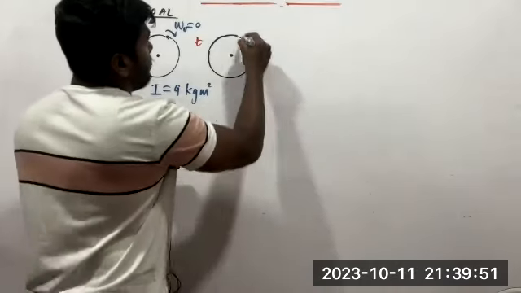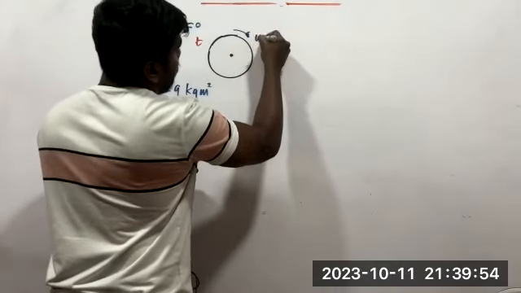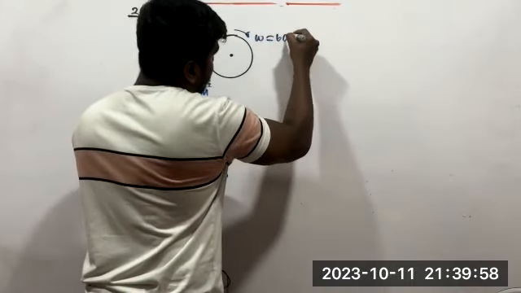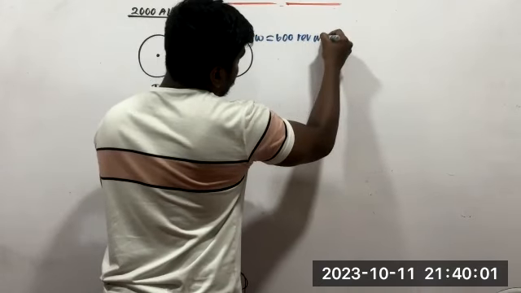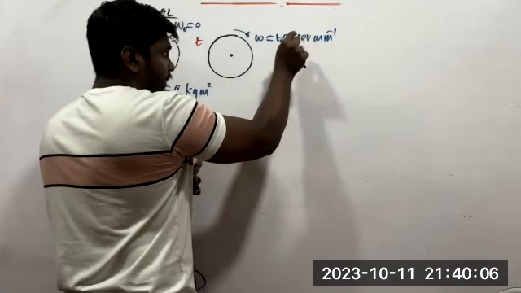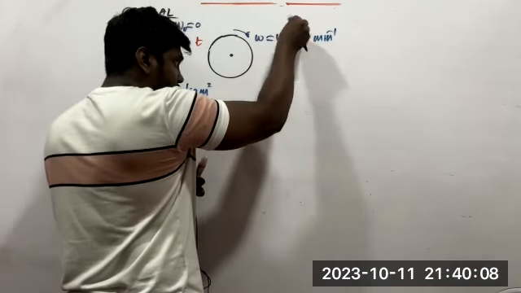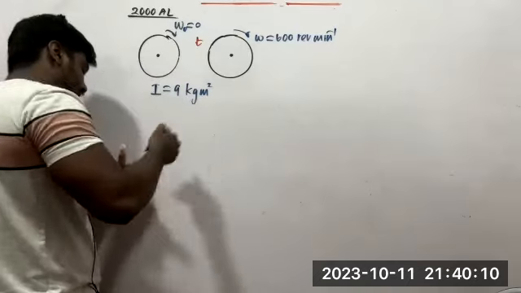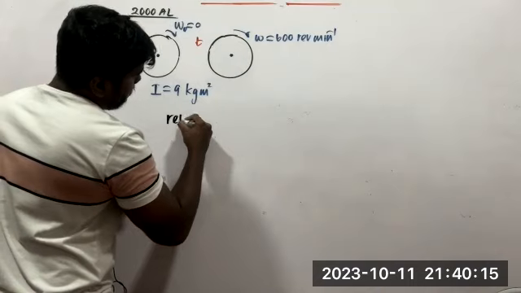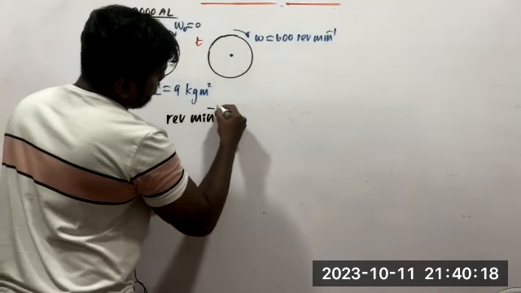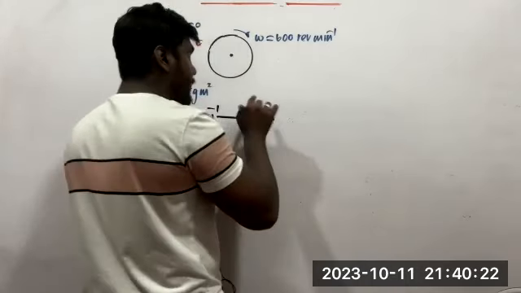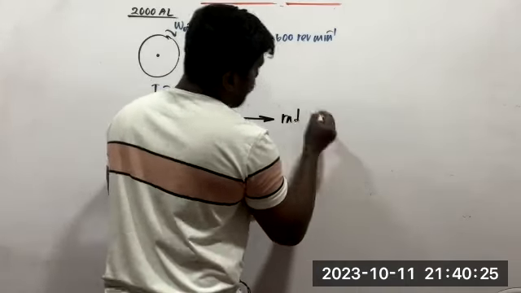Last day I explained how to convert revolutions per minute into radians per second. We multiply by 2 pi over 60.